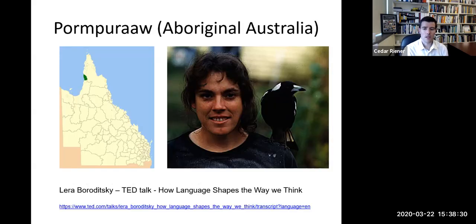So she has studied the Pormpuraaw language, the language of an Aboriginal Australian tribe, and they have an interesting set of conventions in their language, such that they don't have frequent use of relative directional terms. So what that means is that they use cardinal directions far more often than left or right.